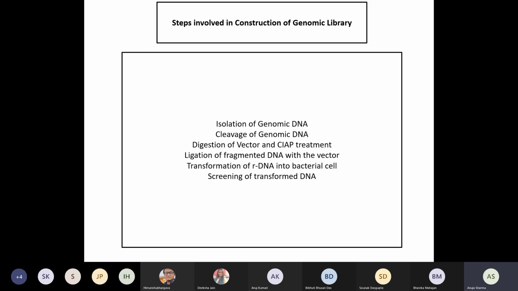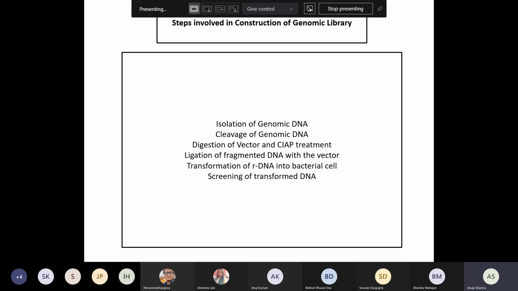So the third part is, suppose you have a gene of interest now, but you have to clone it in a particular vector. Depending on the vector you have chosen, you can choose a different vector according to the size you want to clone. If your gene of interest has a larger base pair length, you need a vector which can accommodate it. So you'll digest the vector.